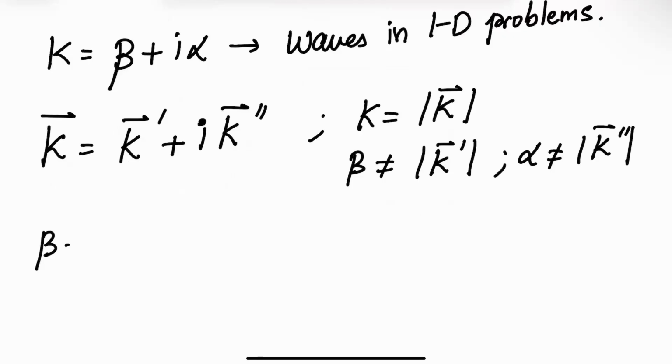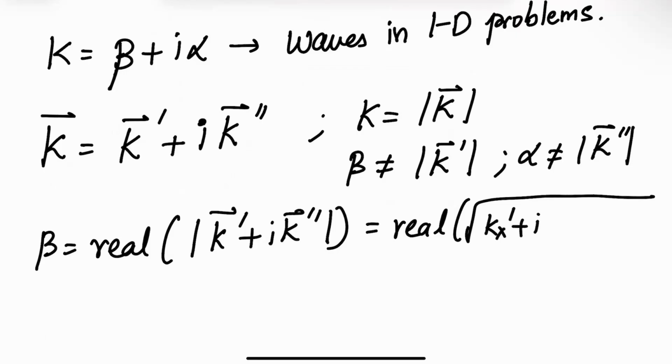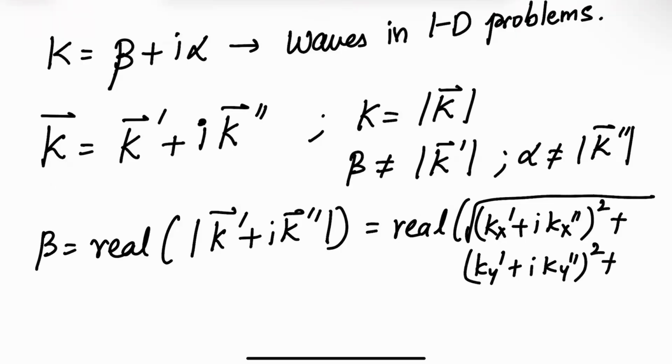Beta is the real part of the magnitude of k prime plus i k double prime, which turns out to be the real part of the square root of (kx prime plus i kx double prime) squared plus (ky prime plus i ky double prime) squared plus (kz prime plus i kz double prime) squared.